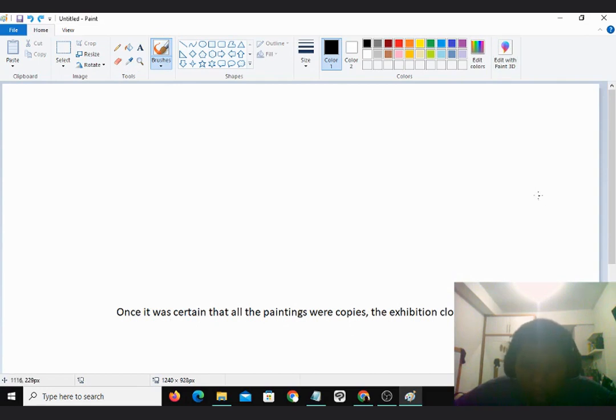At this point, I will explain the full syntax diagram of the sentence: "Once it was certain that all the paintings were copies, the exhibition closed." Okay, now let's start. From the start, we can take the starting part as a subject that can be split into a noun phrase and another phrase.